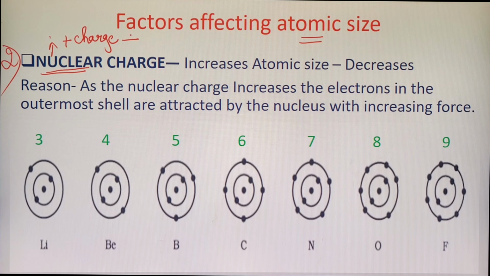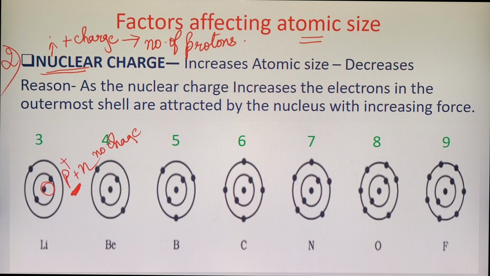Now we know which is the positive charge in the nucleus. Nucleus is made up of 2 things. It's made up of proton plus neutron. Okay, so which is the positive charge here in the nucleus? Neutron has no charge, whereas proton is positively charged. So when I say nuclear charge, I am dealing with a positive charge, or in other words, I am dealing with the number of protons.